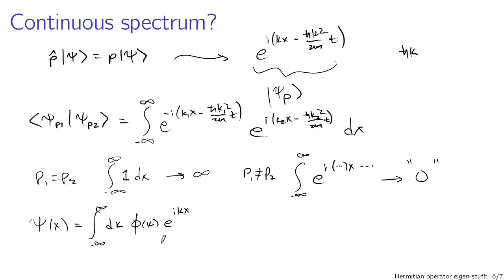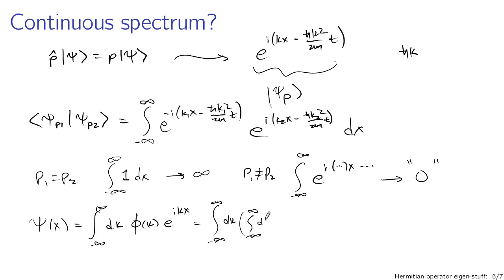Now if we substitute in our definition for phi of k from when we were talking about these things, it looks like this. It's the integral from minus infinity to infinity dk, and our phi of k was itself an integral from minus infinity to infinity.